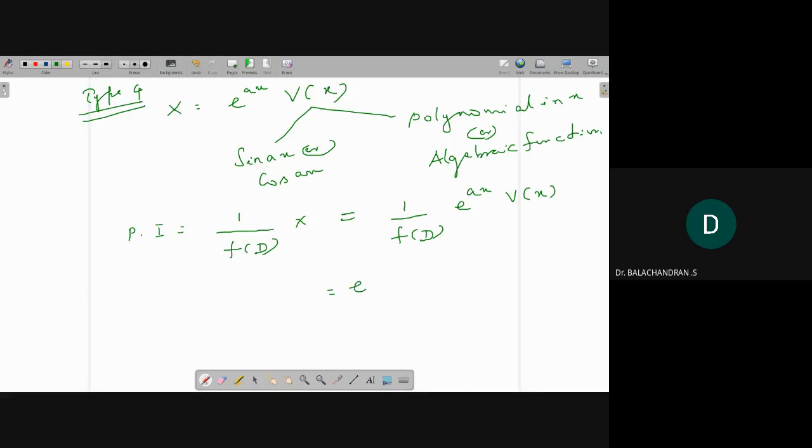Once you replace D by D + a, the role of e^(ax) is over. Then you write e^(ax) outside, and only then write V of x. The remaining part, I am going to operate 1 by f of (D + a) only on V of x. So here you should replace D by D + a, or if you have minus a, then D - a. So this is the rule.